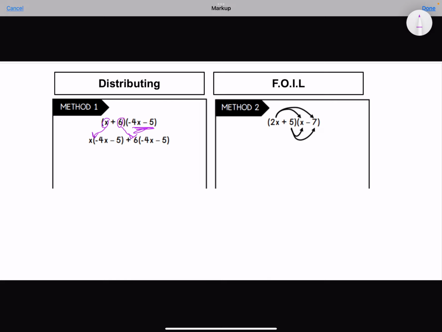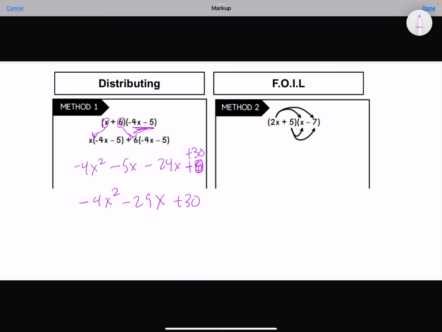So I have negative 4x squared minus 5x minus 24x minus 5, combining like terms, negative 4x squared minus 29x. Oops, that should be 30, plus 30. I missed that. Plus 30, you're done.